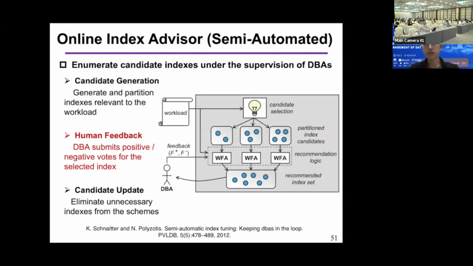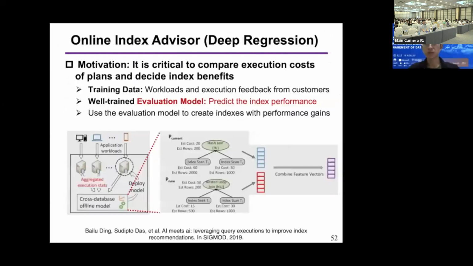But before implementing the index schemes, it asks the DBAs to judge whether the scheme is good or not. And based on the feedback, the model updates its selection strategy. At some level, this method has reduced the DBA's burden.